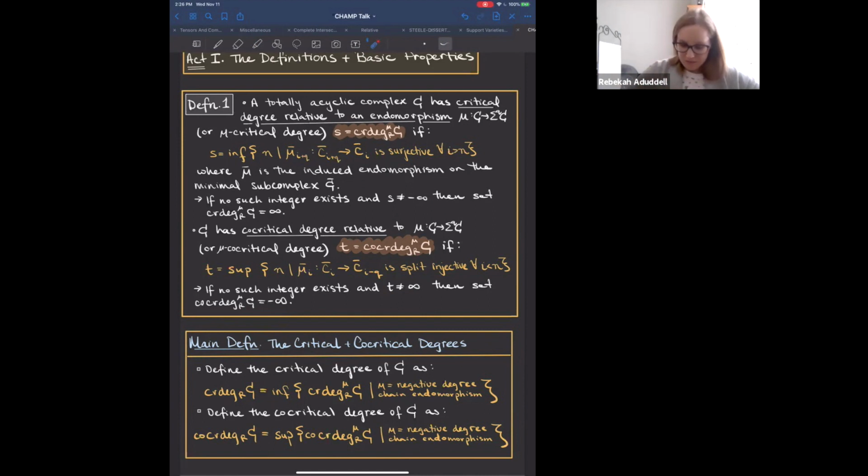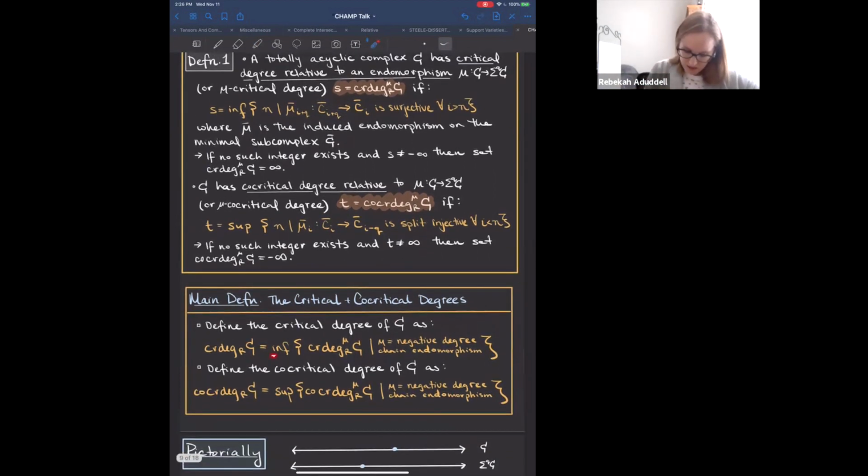So then the main definition is taking the critical degree of the complex as the infimum over all mu critical degrees, and the co-critical degree as the supremum over all mu co-critical degrees.